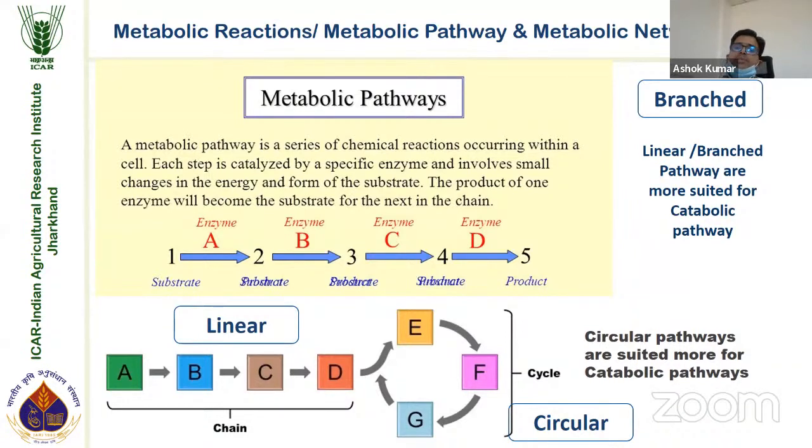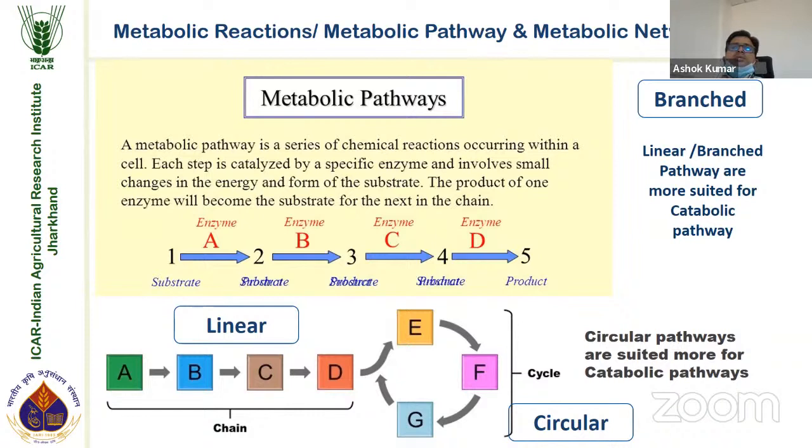Everywhere you will not find why the TCA cycle is not a linear pathway, why it is a circular pathway. The circularity of a pathway is defined by when the final product of a pathway is the substrate for the pathway.